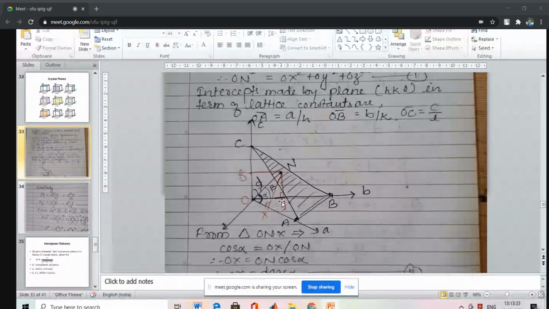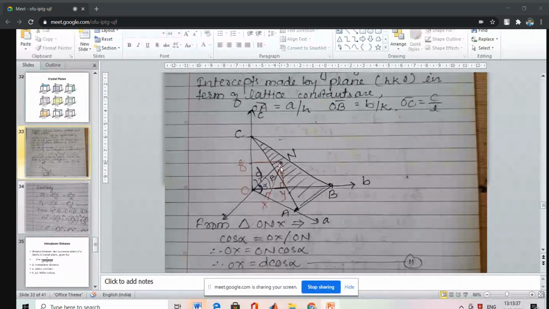So see again how we have calculated this OX. Our assumption is what? Consider the crystallographic system A, B, C. The plane ABC of Miller indices hkl. ON is the perpendicular distance between two successive planes drawn from origin to this plane.